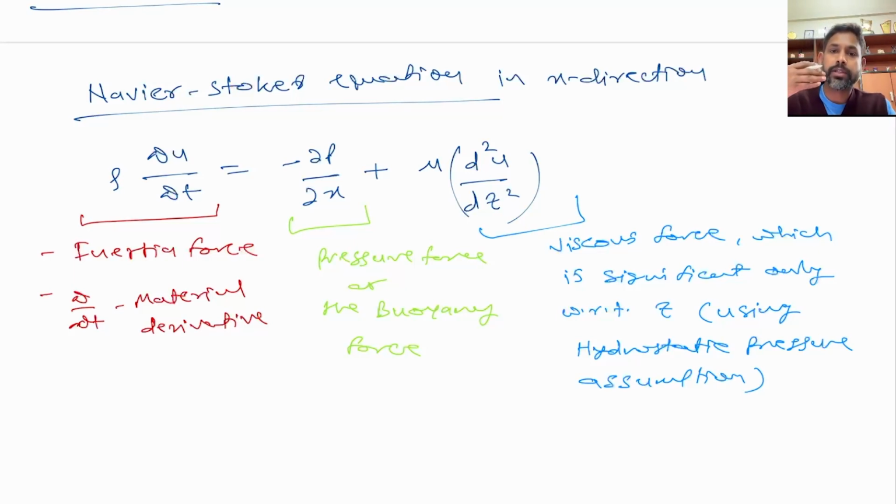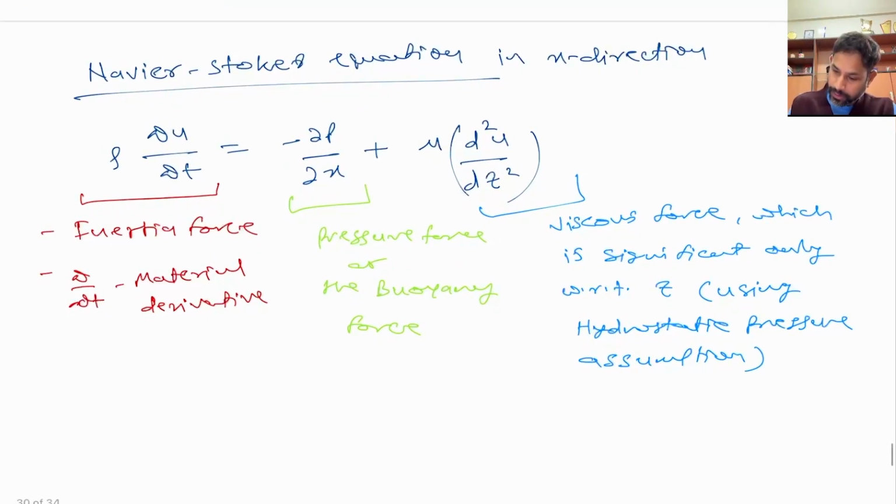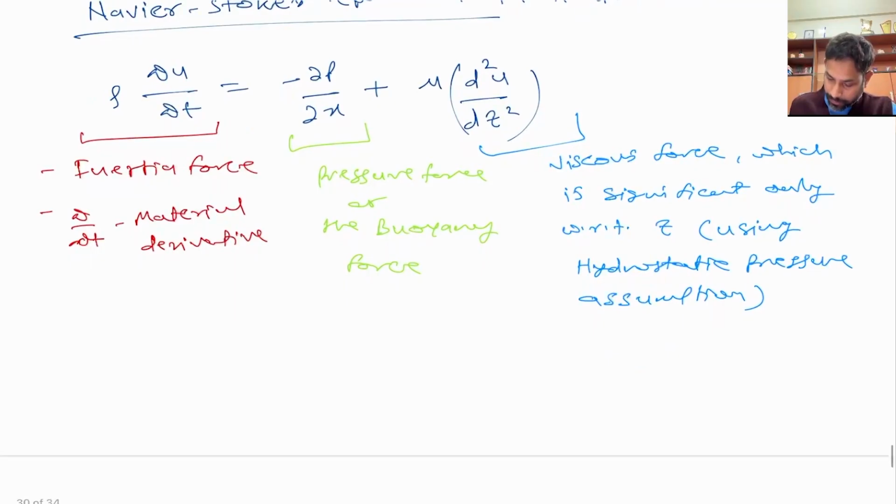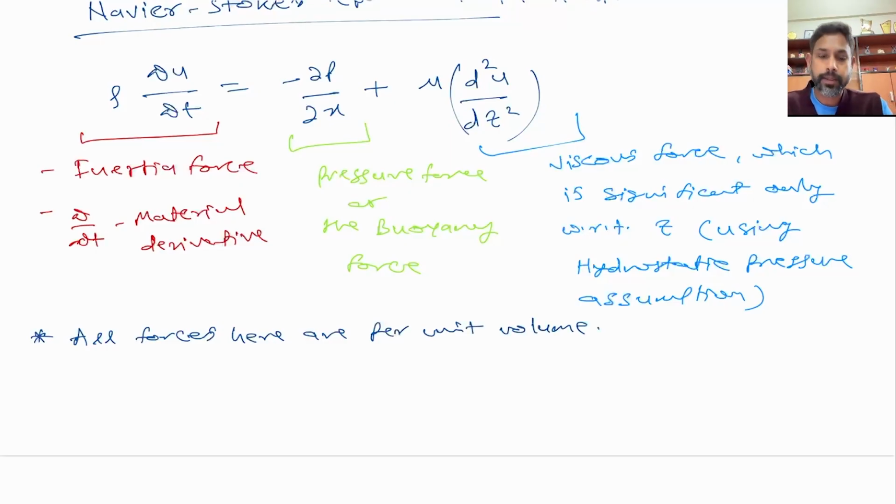Okay, and we are considering symmetric in y direction, so that again is not really a point of our interest. Okay, and all these forces here are per unit volume.